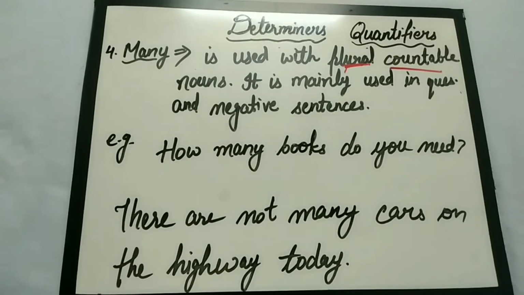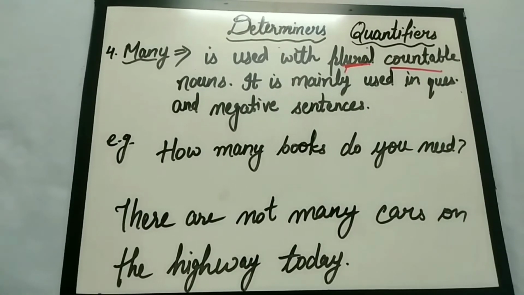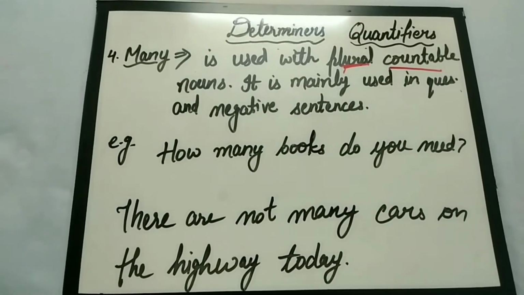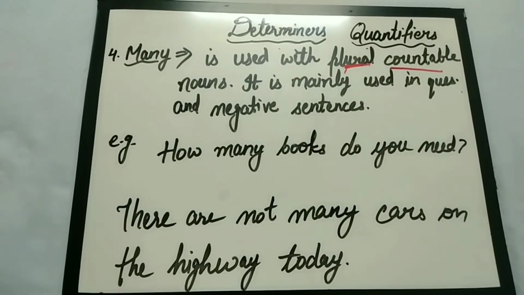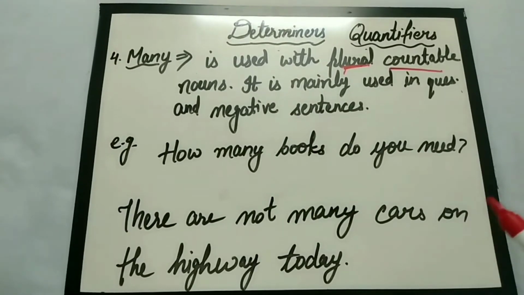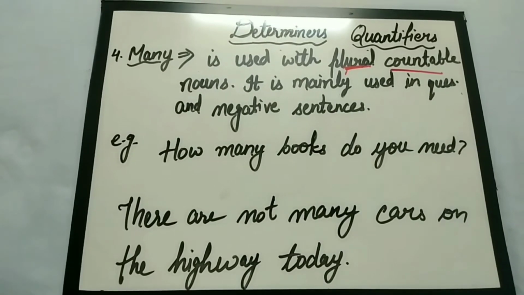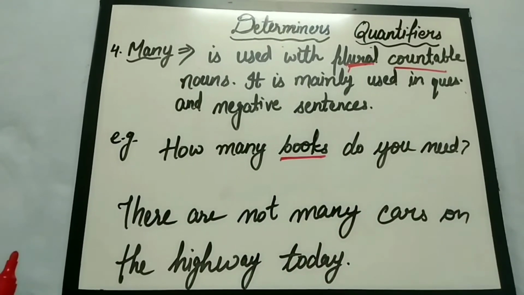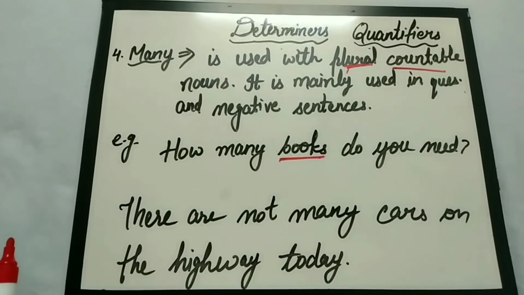It is used as the alternative to much because the word many quantifies countable nouns. Like in the first example, how many books do you need? The word books is countable, and we can count the books, 1, 2, 3, that is how many, as the question is asked.